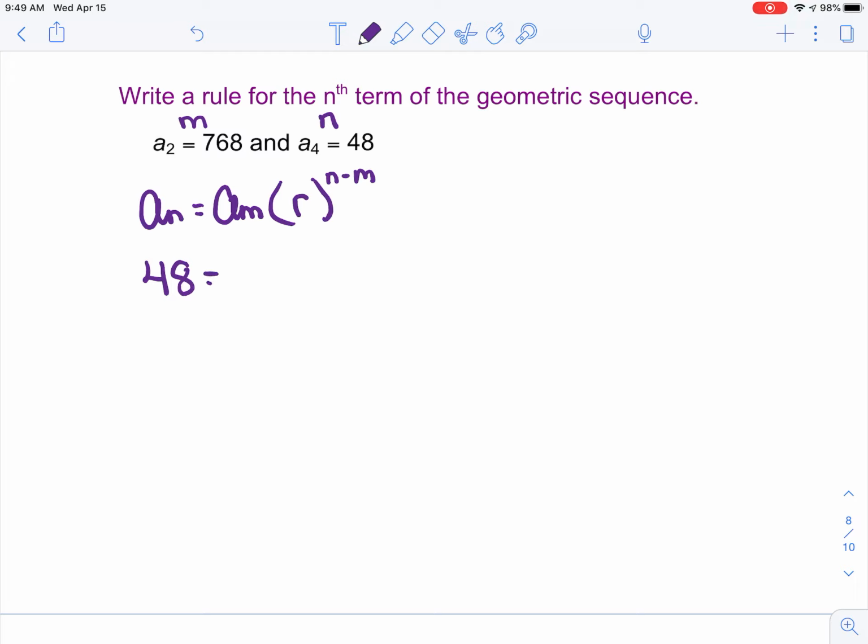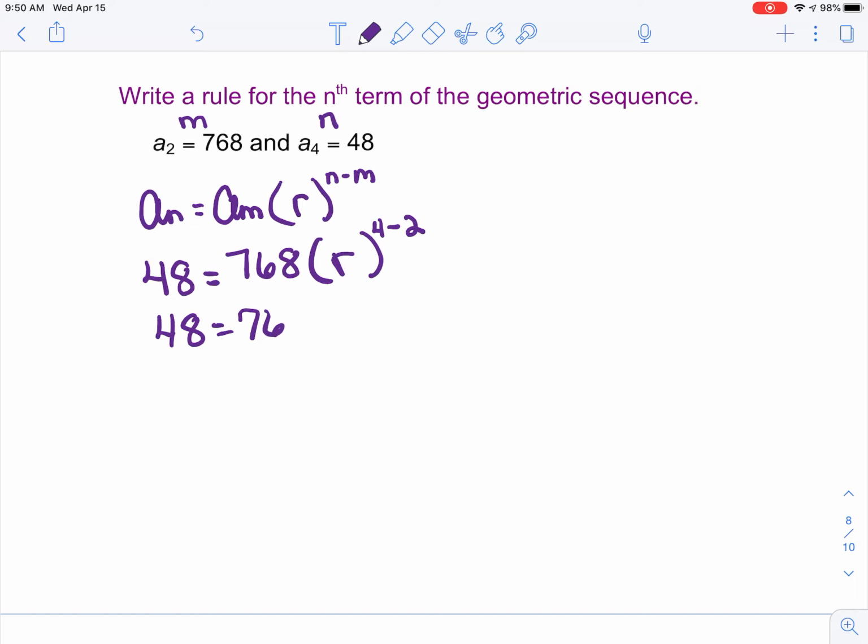So what is my a sub n? It's going to be 48. My a sub m is going to be 768 times r to the 4 minus 2.